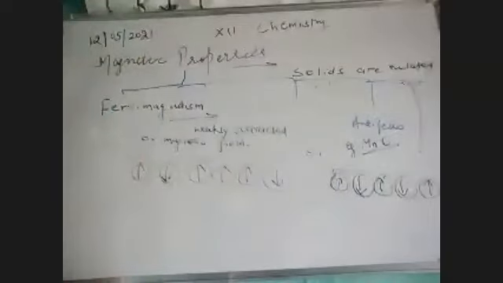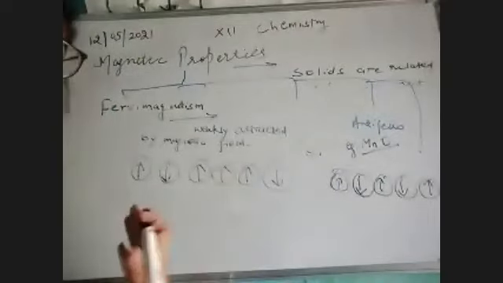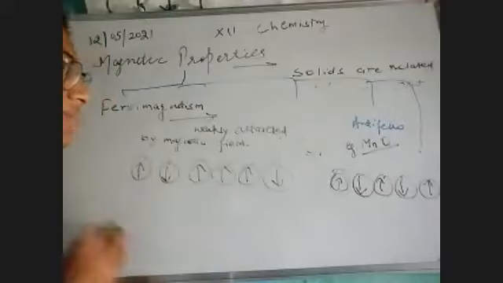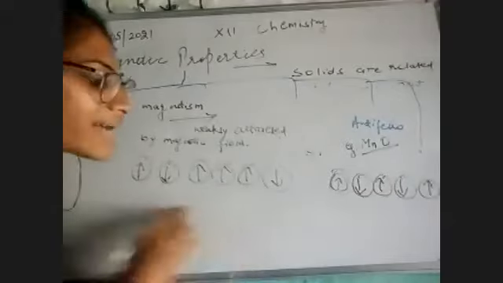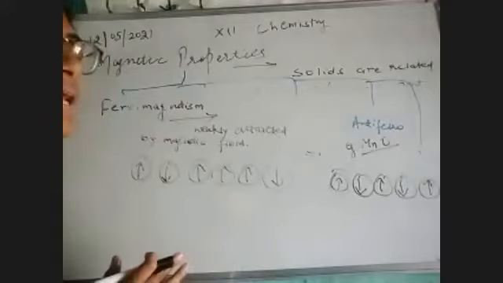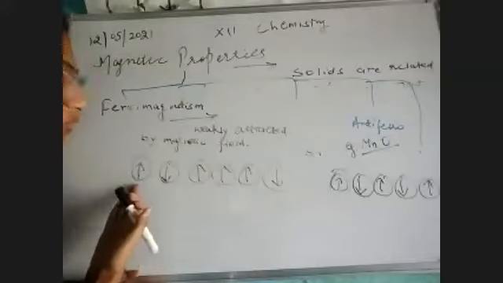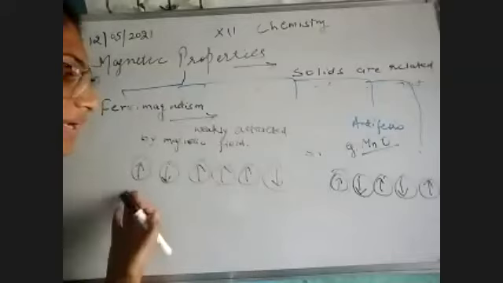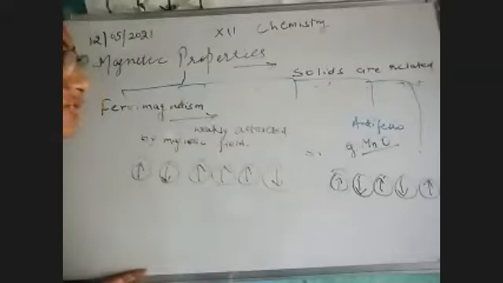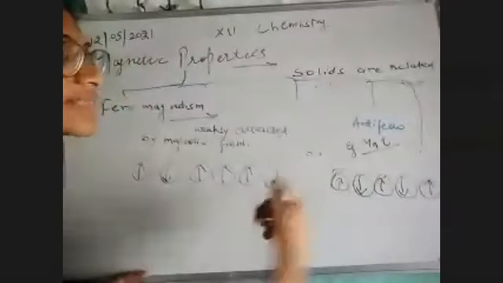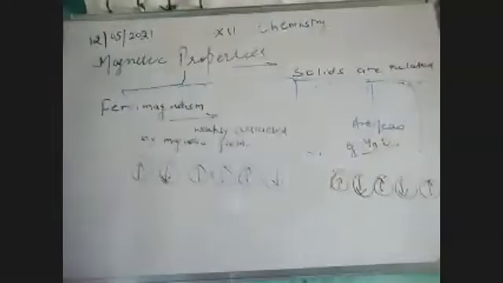So they have both the parallel and anti-parallel directions, the +1/2 and the -1/2, but they do not have any kind of fixed order. Suppose the first one is in the parallel direction, the +1/2, and the other one is in the -1/2. Then these three are in the same direction, parallel to each other. Then there is anti-parallel. So there is no fixed or permanent region.